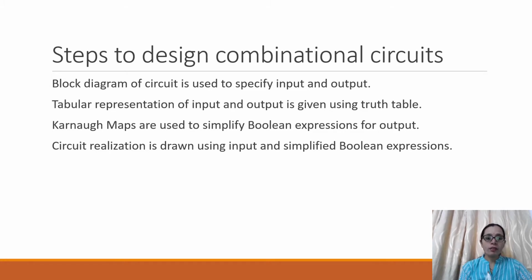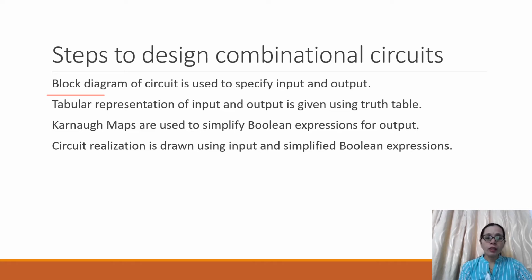The first step is that the block diagram of the circuit is to be specified. It is used to specify what the inputs and what the outputs of the circuit are. After that, the truth table is to be drawn, which is the tabular representation of input and output.